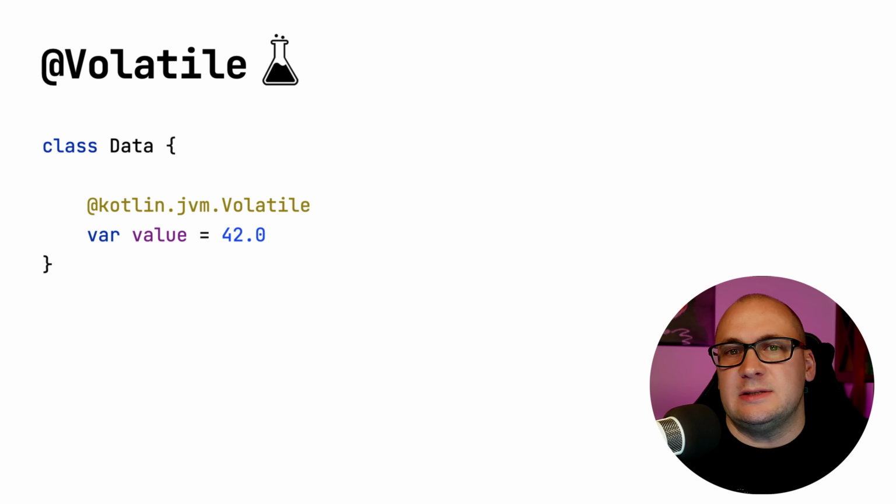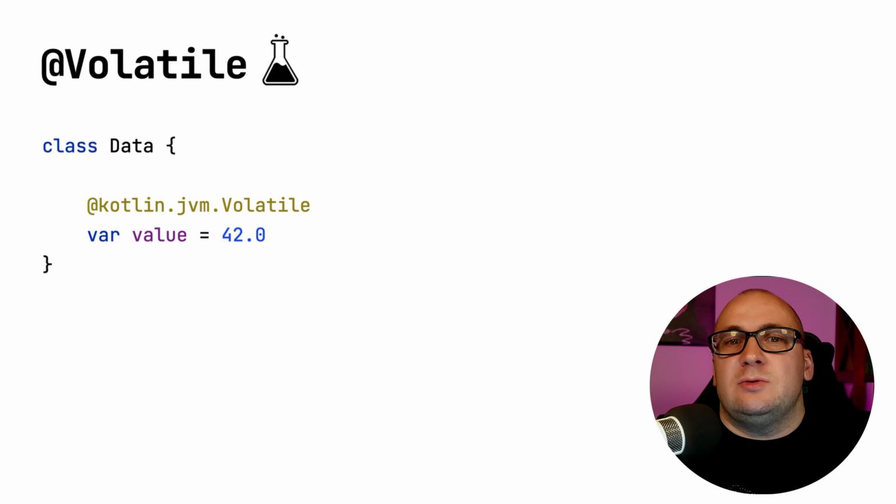Another change in the standard library worth mentioning is the support of the Volatile annotation in Kotlin Native. If you annotate a var property with kotlin.jvm.Volatile, the backing field is marked so that any reads or writes to this field are atomic, and the writes are always visible to other threads.